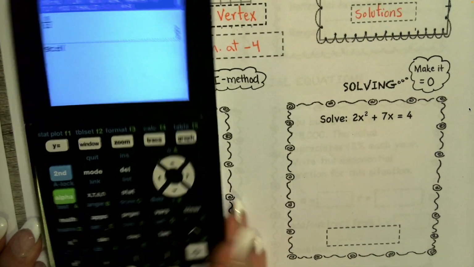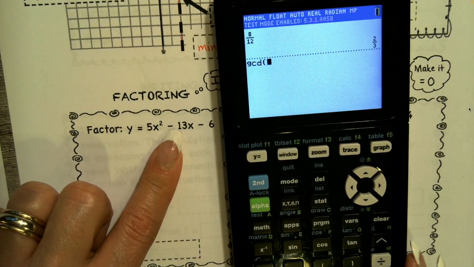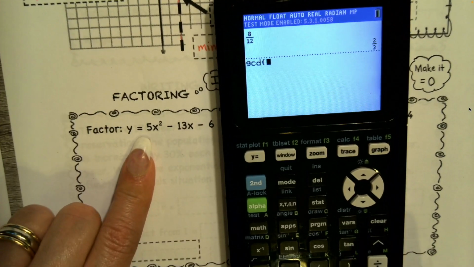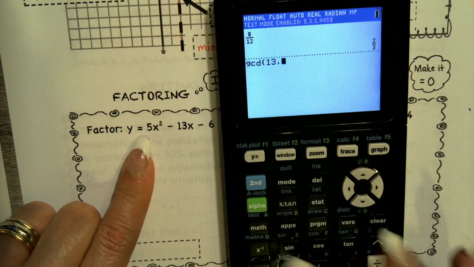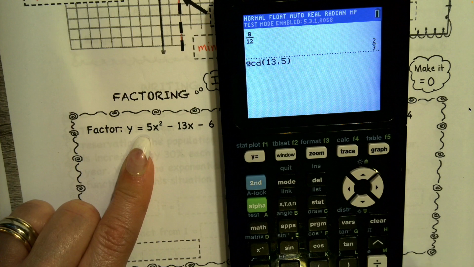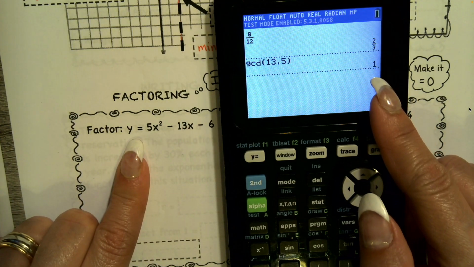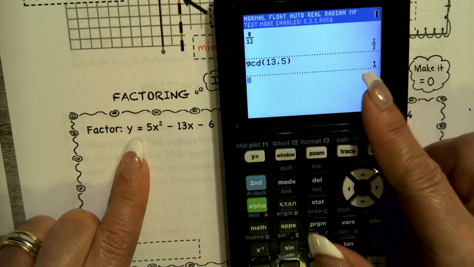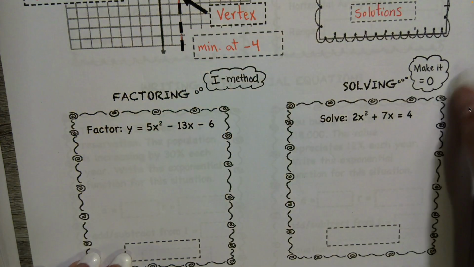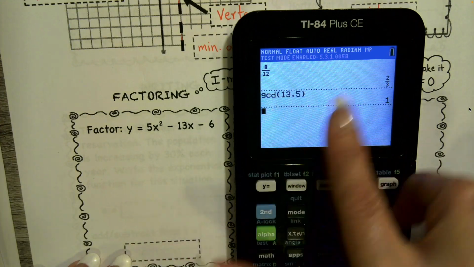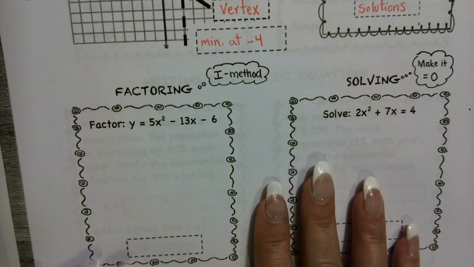So you put your greatest number and lowest number in there. 13, I can tell you it's 1 already. So it's 1. Whenever you get 1, you know you don't have any greatest common factor other than 1. So you leave it right there. But I just wanted to refresh your mind of how you can find GCD or GCF.